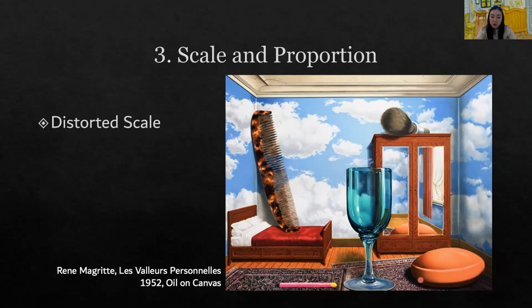But the uniqueness of this painting is that little daily items are depicted on a larger scale, like a brush, cup, soap, and a comb. In the 20th century, many surrealist artists like René Magritte loved to use distorted scale to create a supernatural effect.